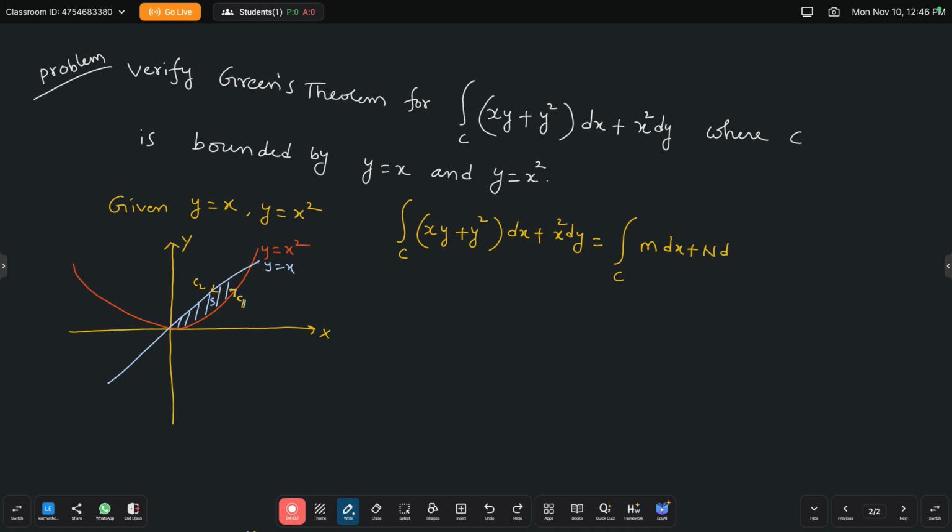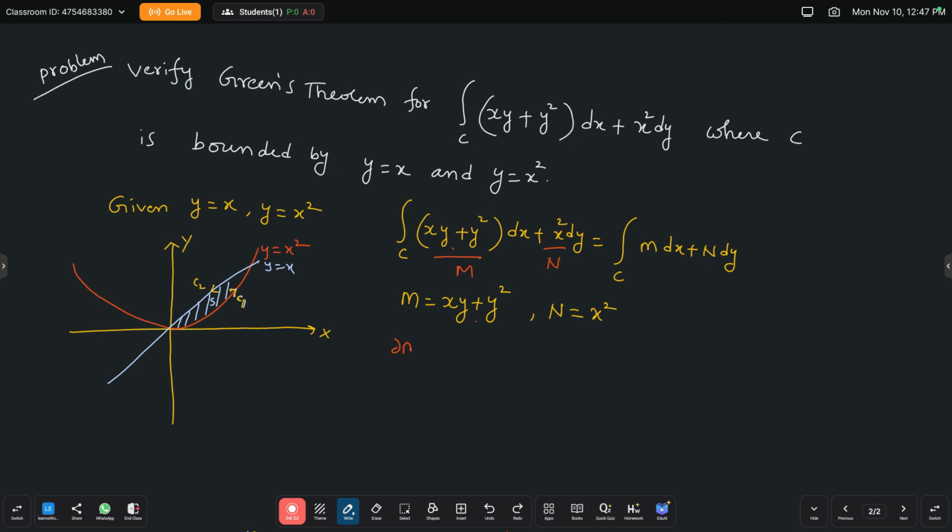So from this statement you can choose m. What is m here? m is equal to xy plus y square and n is equal to x square. You can compare this one. Here it is m, it is n. So here m is equal to xy plus y square, n is equal to x square.